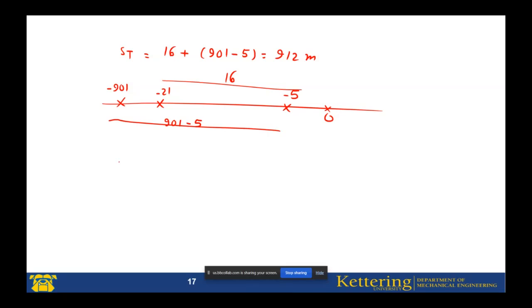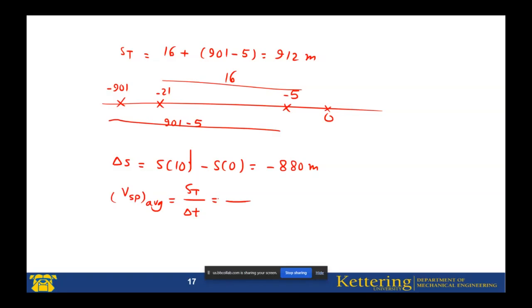Now, delta S is S10 minus S0. If we calculate, it will be minus 880 meters. Also, we can find the average speed, that is S total over delta t.